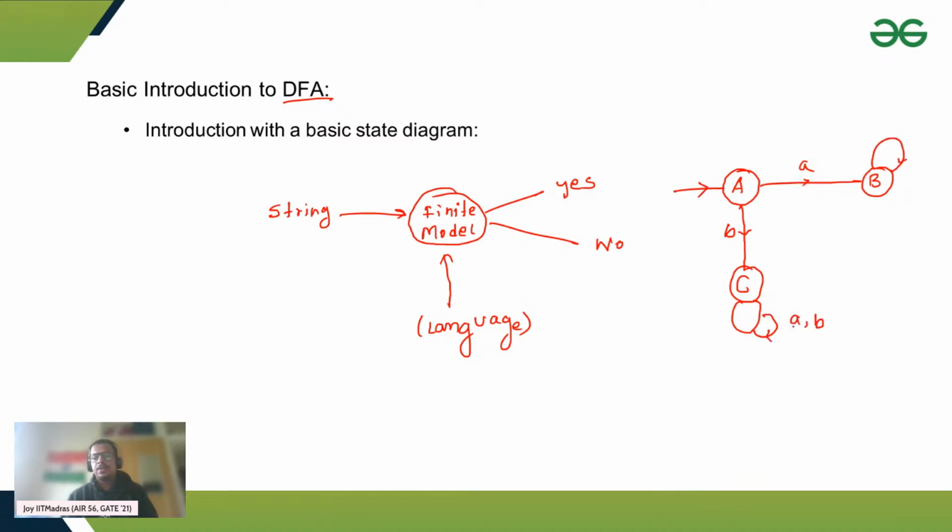By getting any other input, A or B, it will stay in the self loop. So this is a basic diagram of a deterministic finite automata.